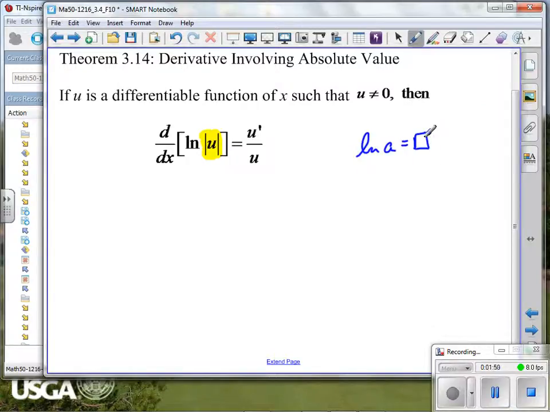So the value over here is an exponent, but what's the base of that exponent? We're talking about the natural log. Someone said it. E, yeah. So that we have e to this exponent is equal to a.